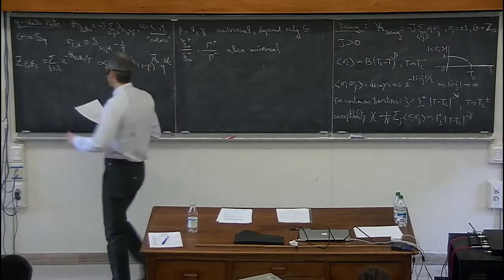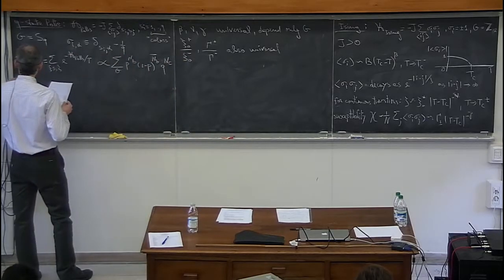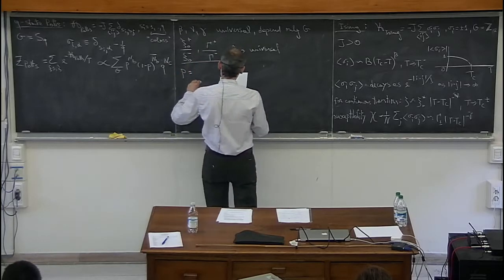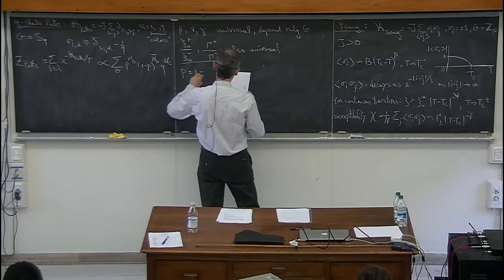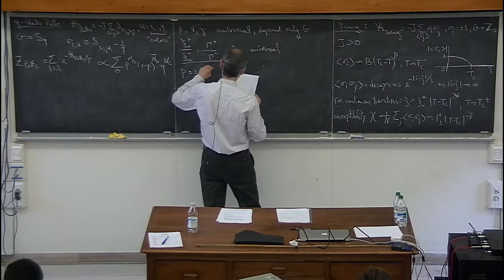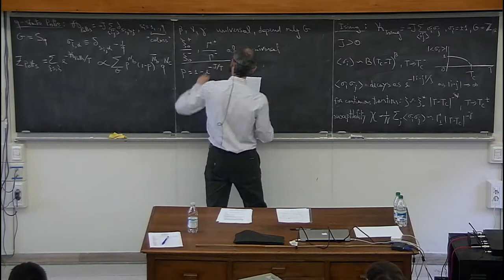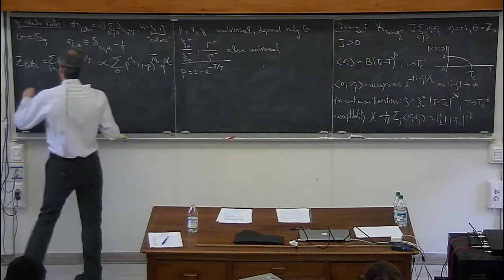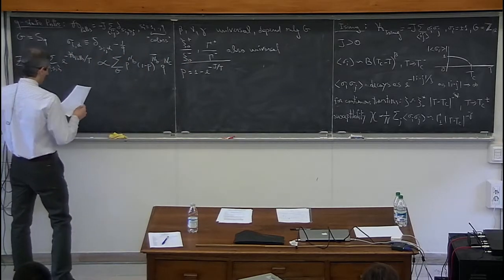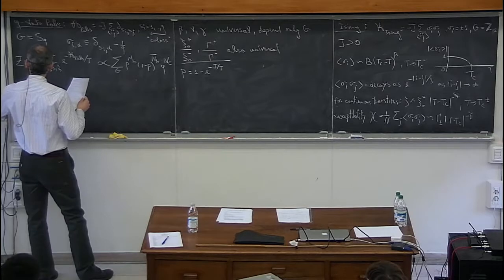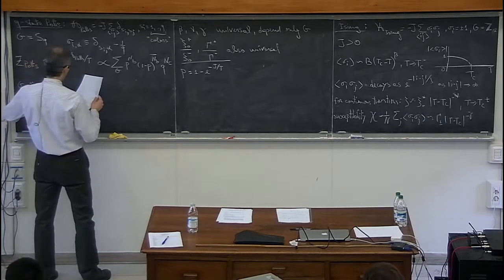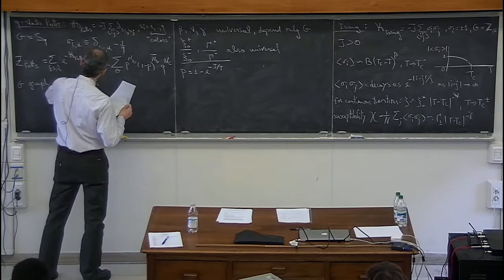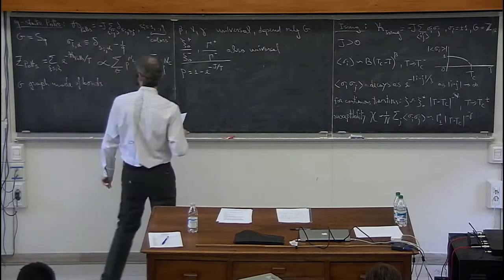Here p is related to the original coupling as p equals 1 minus e to the minus J over T. Then G is a graph on the lattice made of bonds that we put on the edges.